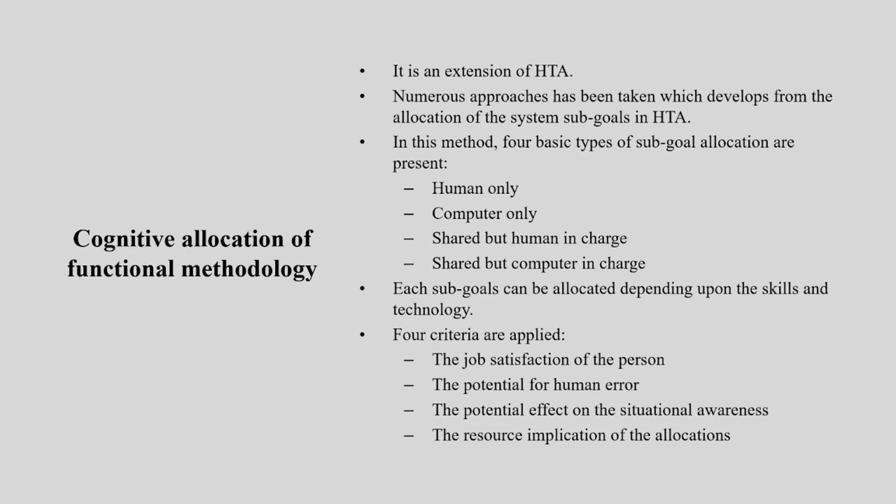So you can really start gathering information related to such types of systems where only human is present, where only computer is present, where human and computer both are present, however human is dominating, whereas in the next where computer is dominating. Try to get such kind of examples, and then if you do this cognitive allocation of function and methodology, maybe you can try to evaluate it.